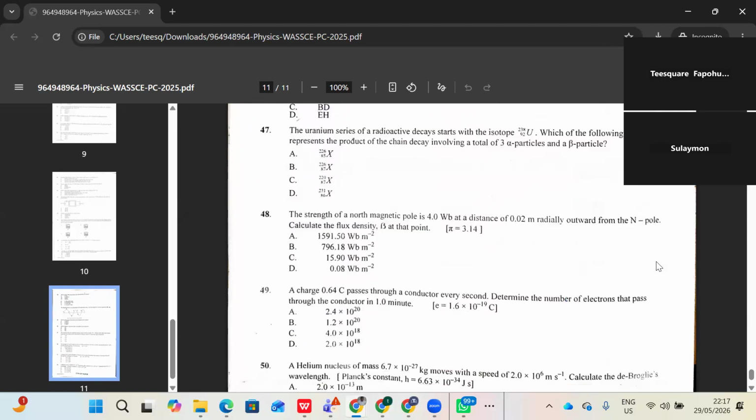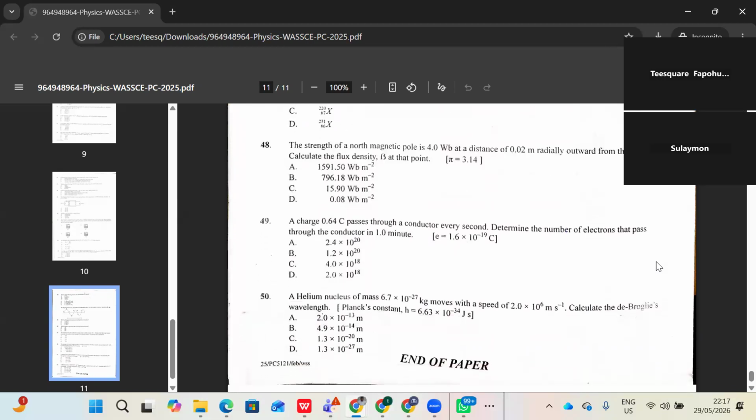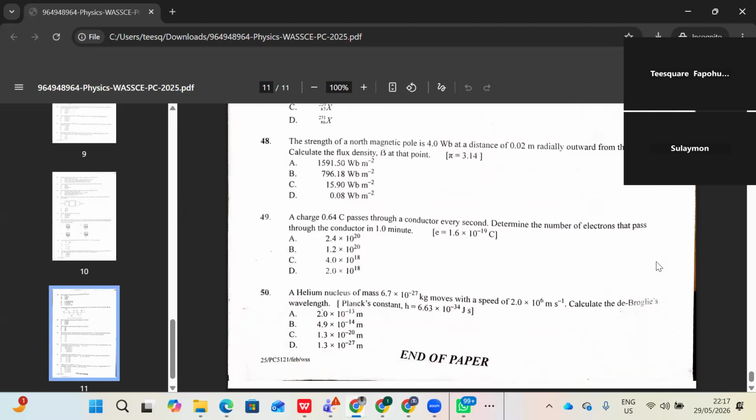Then the last question is on de Broglie's wavelength equation, which you will be taken through during the teaching episode. So that's everything that you need to know about paper one.